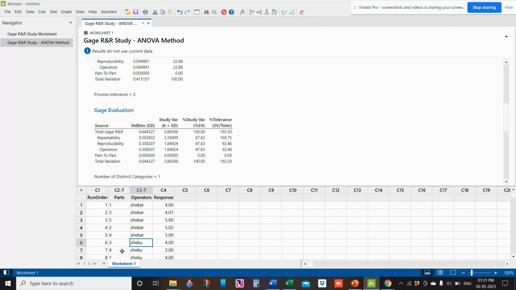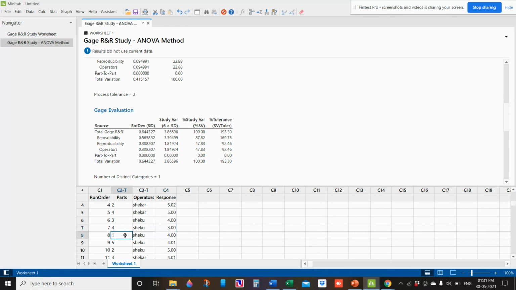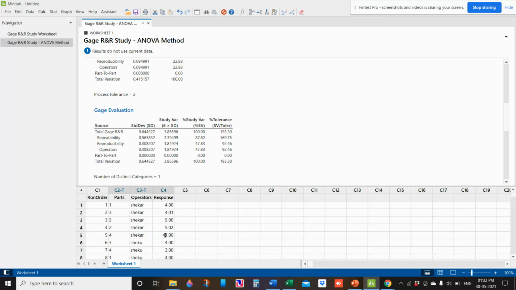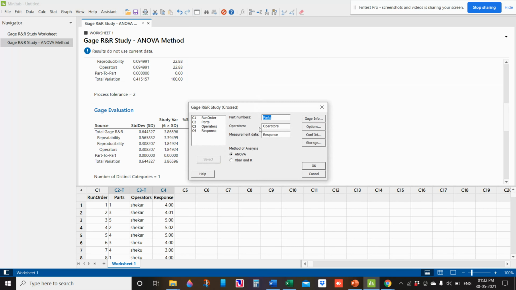Then first part, I am telling 4. Again, first part, I am telling 4.02. Then fifth part, I am telling 4.01, and again for the fifth part. Somehow I matched the dimension. Now let us see how it will come.